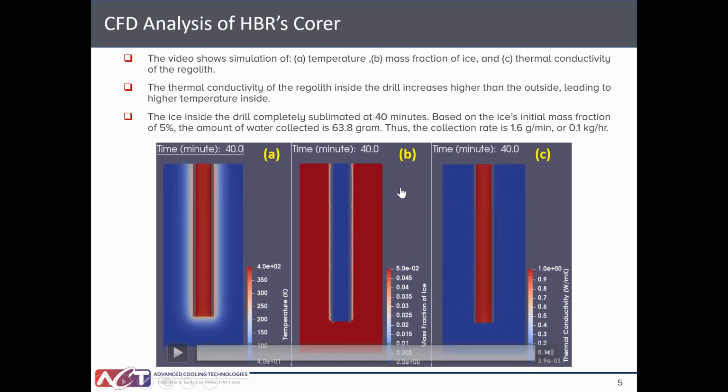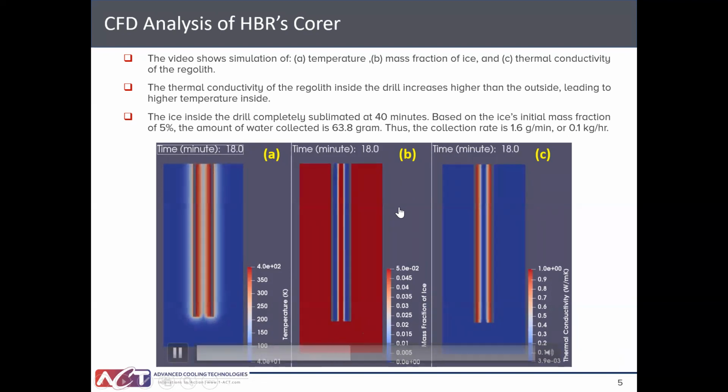Based on the initial mass fraction of 5%, the amount of water collected is 63.8 grams. Thus, the collection rate would be 0.1 kilogram per hour per core.